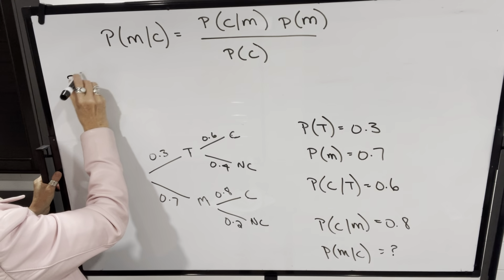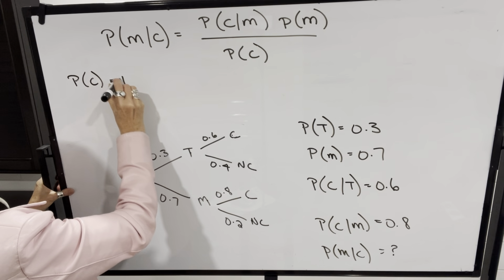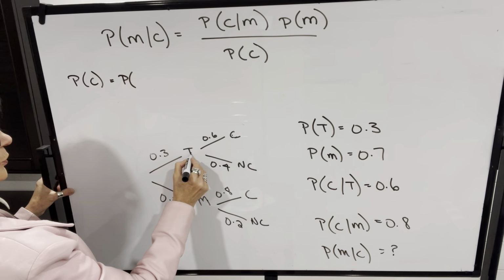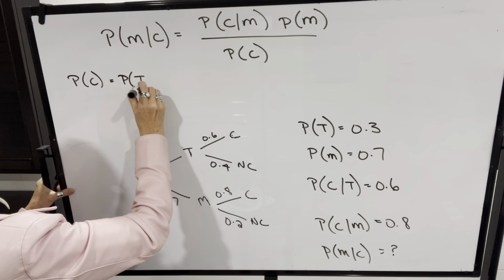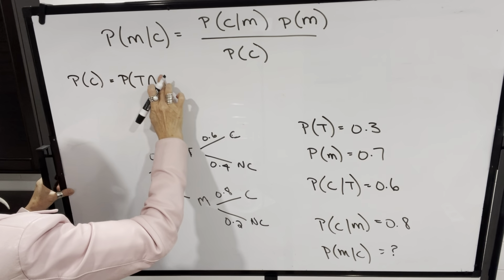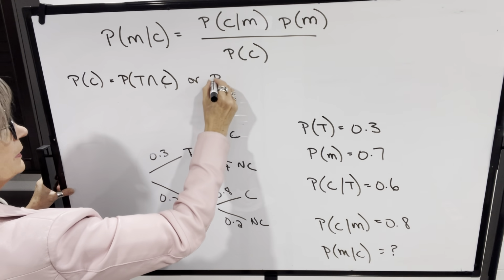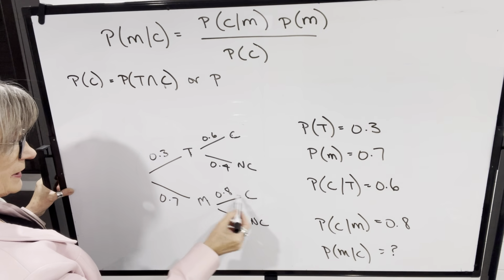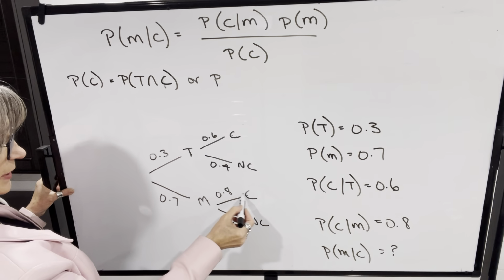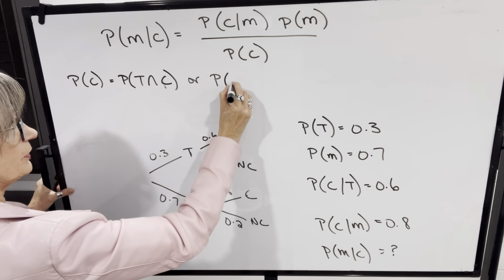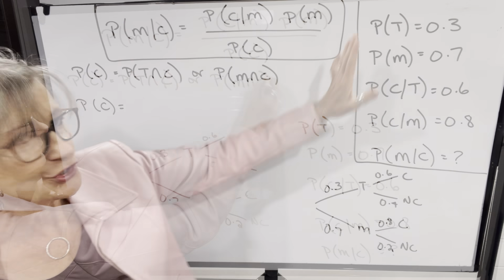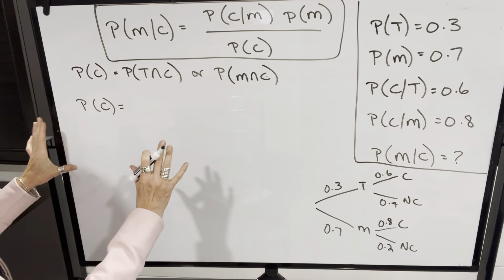So the probability of it being correct will equal the probability of true-false and correct, or we'll also get it correct if it's multiple choice and Sam answers it correctly. So the probability of multiple choice and correct. I just shifted everything over here so I had room to work.